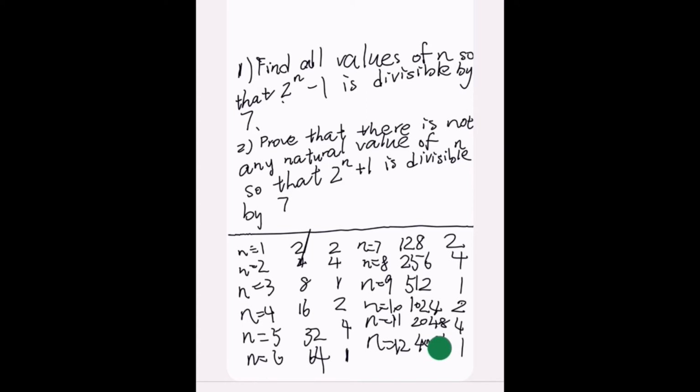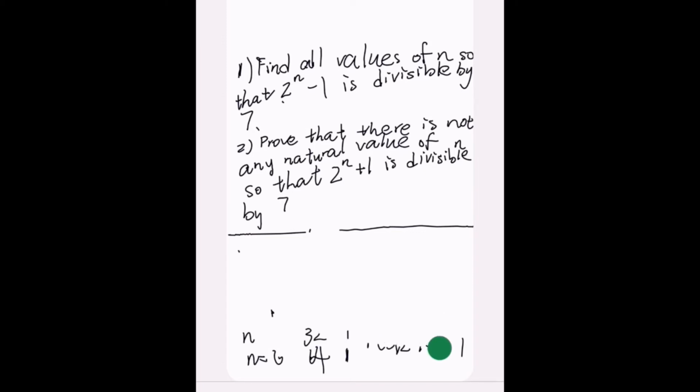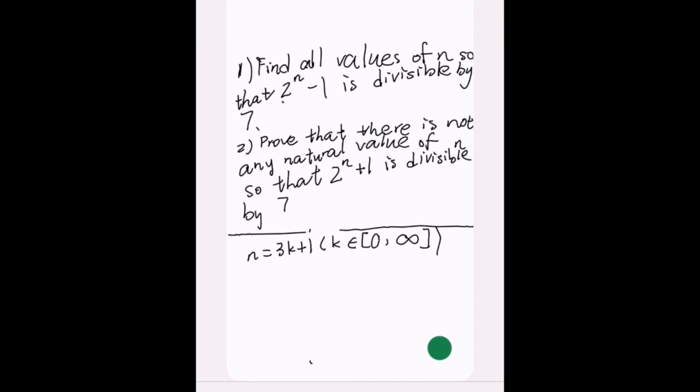So, what we can discover here is that when n is equal to 3k plus 1, while k is in the range of 0 to infinity, the remainder will be 2.